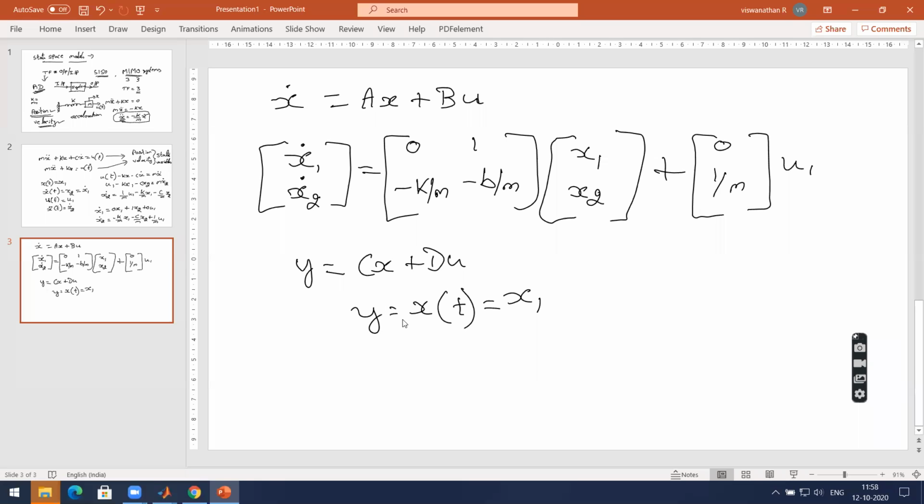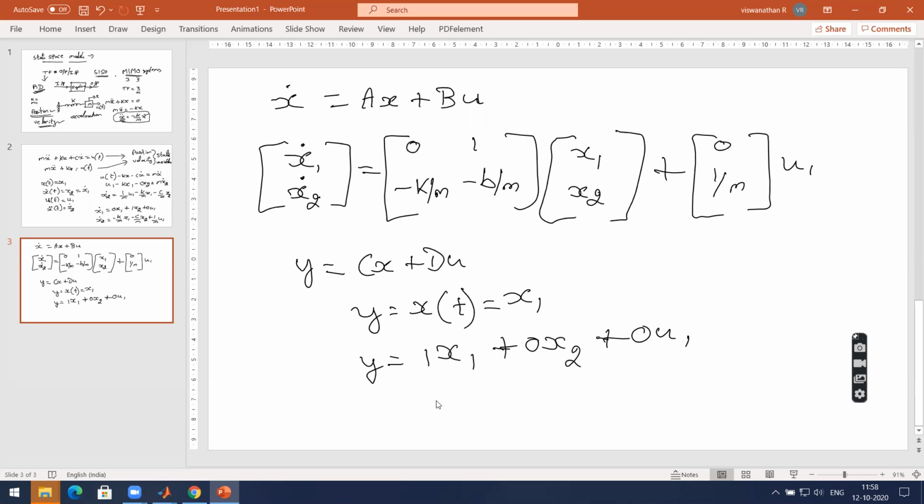So how do you write y is equal to Cx plus Du with this? Y is equal to 1 times x1 plus 0 times x2 plus 0 times u1.